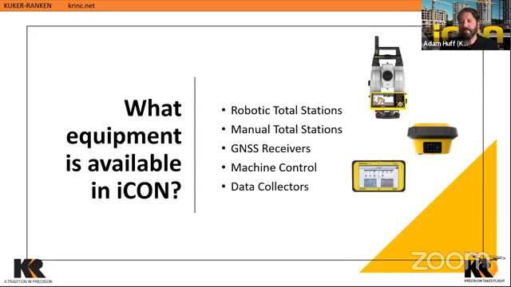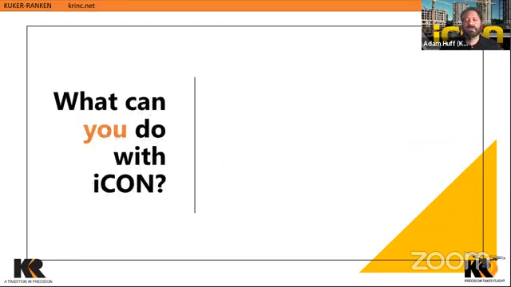A lot of the equipment looks exactly the same as what you would see for surveyors. Icon's built for people in the construction industry, so it's going to give you a simpler, easier breakdown to make things a little bit more efficient for you.